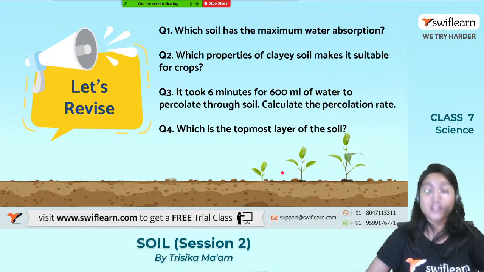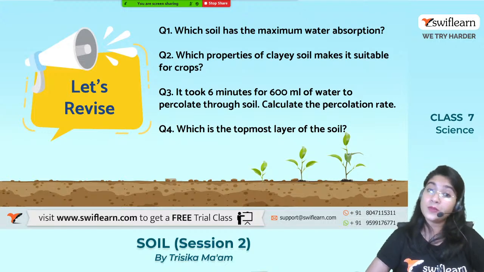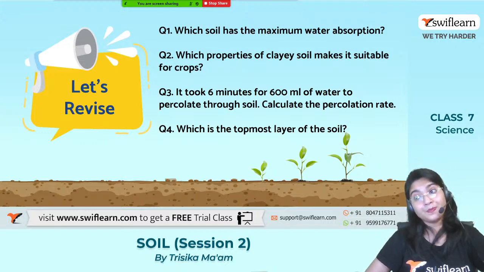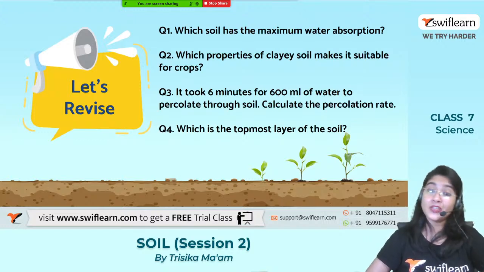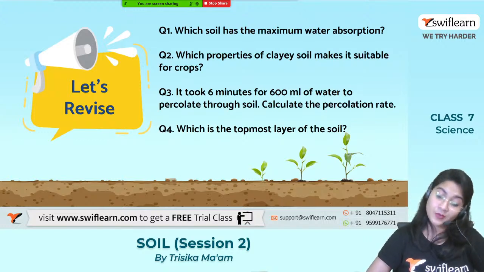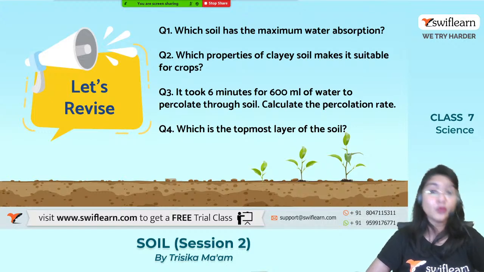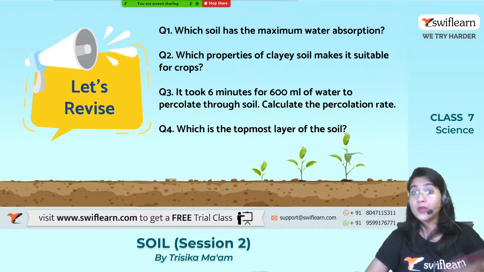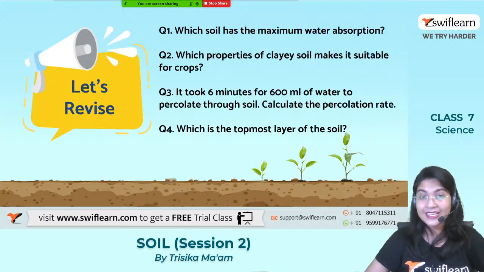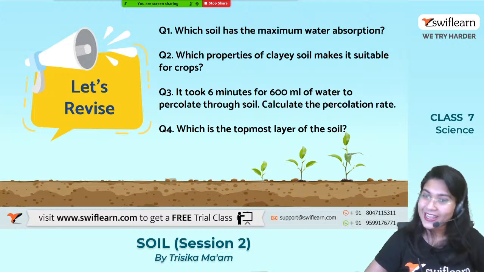Now, coming to the next question, which properties of clay soil make it suitable for crops? How can you say that the clay soil is suitable for the growth of the crops? Which property actually helps them to grow the crop or makes the soil fertile? Yes, it is due to the maximum absorption of the water, right?